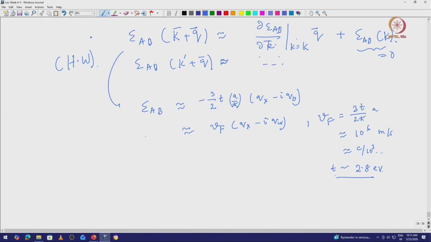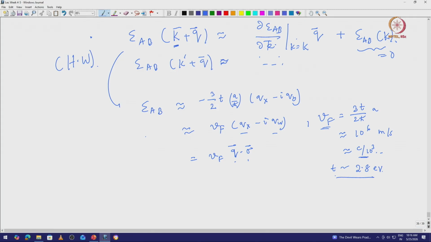So you see that these electrons near this K point have a relativistic-like dispersion which is linear. This can be written as a relativistic dispersion, linear in sigma x and sigma y, with a velocity that's very high.